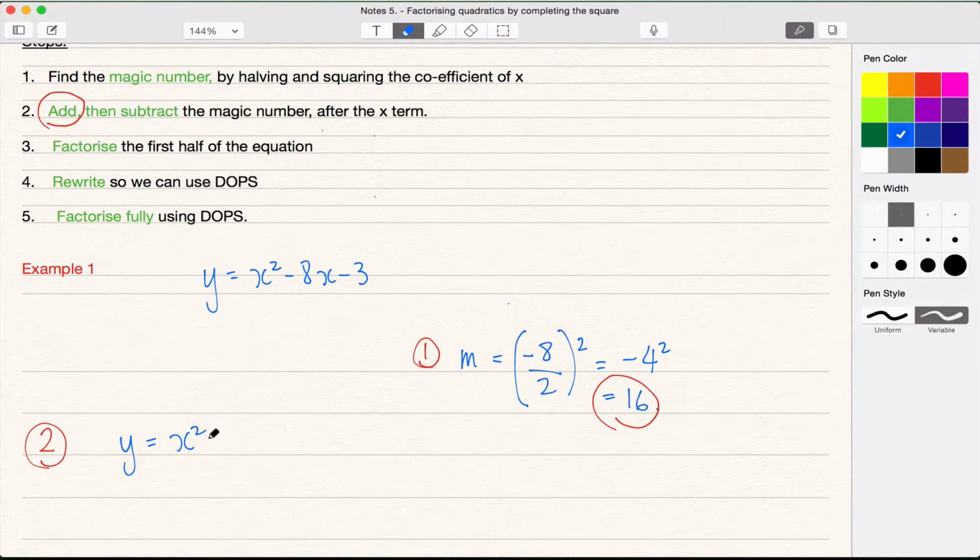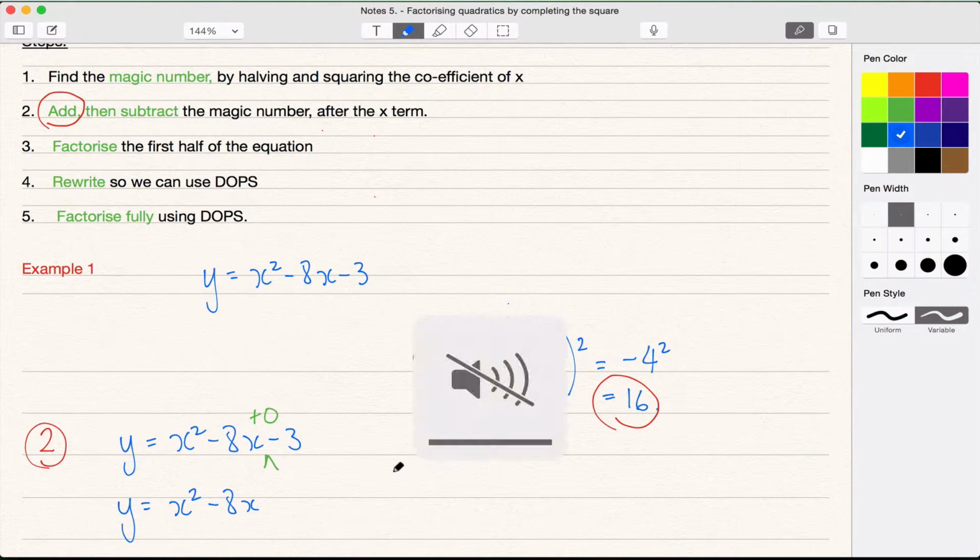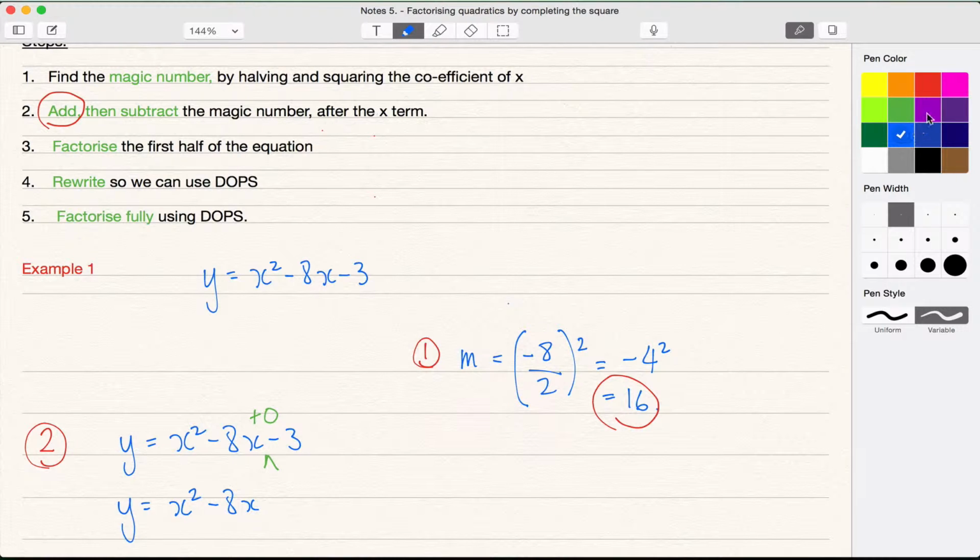If we've got y equals x squared minus 8x minus 3, what we're going to do is add in here plus 0, x squared minus 8x, put the plus 0 in.